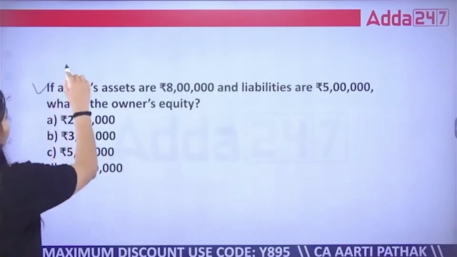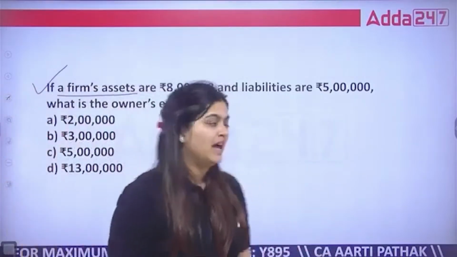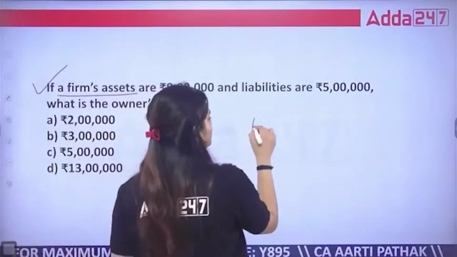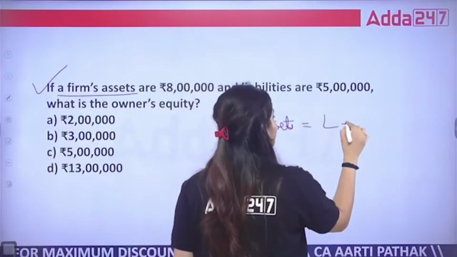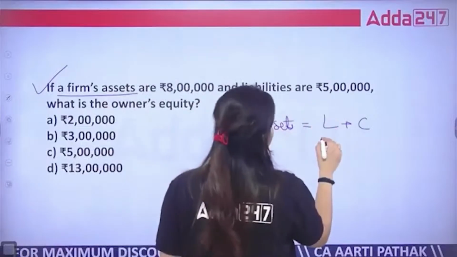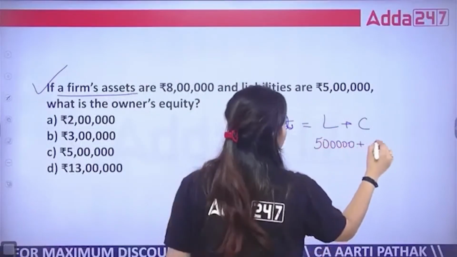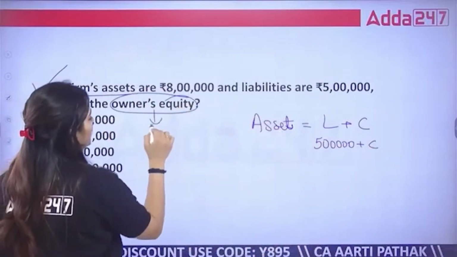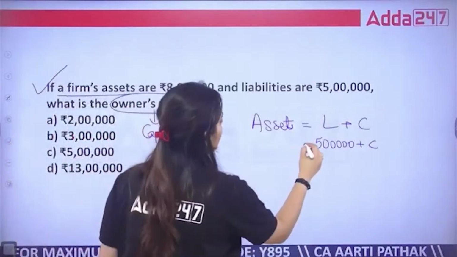Number one, if a firm's assets are 8 lakh and liabilities are 5 lakhs, what is the owner's equity? See, what is the equation? Assets equal to liabilities plus capital. You know liabilities are 5 lakhs, and you need to calculate equity. I told you, owner's equity, or you can use one term, capital.